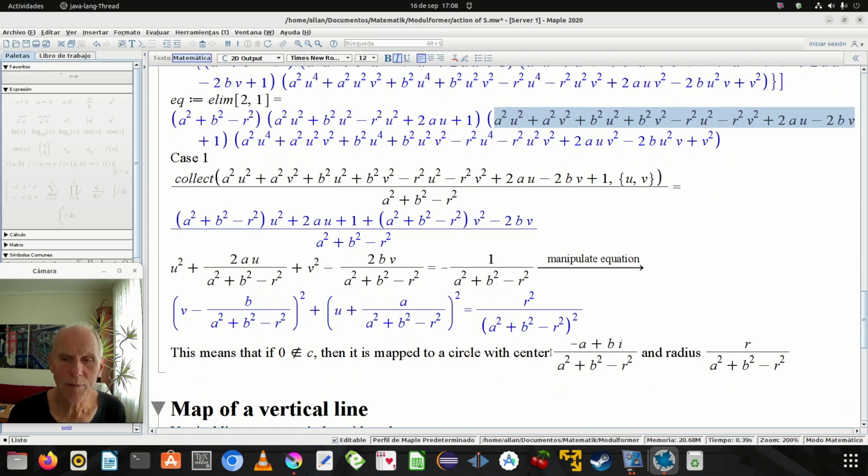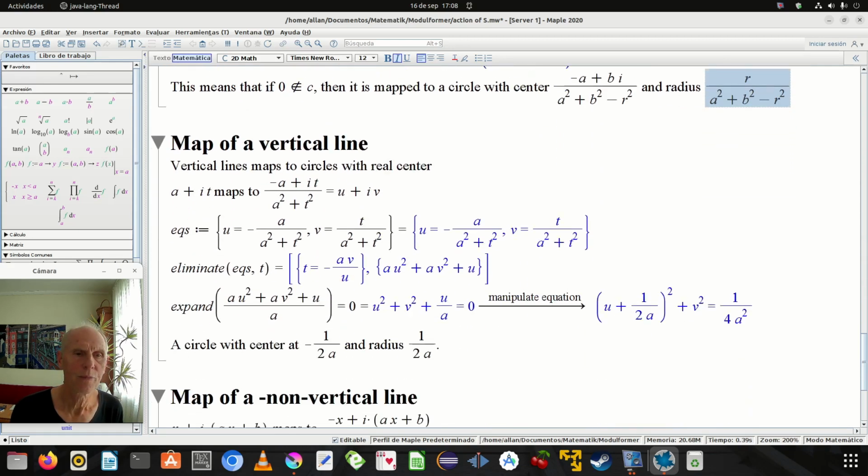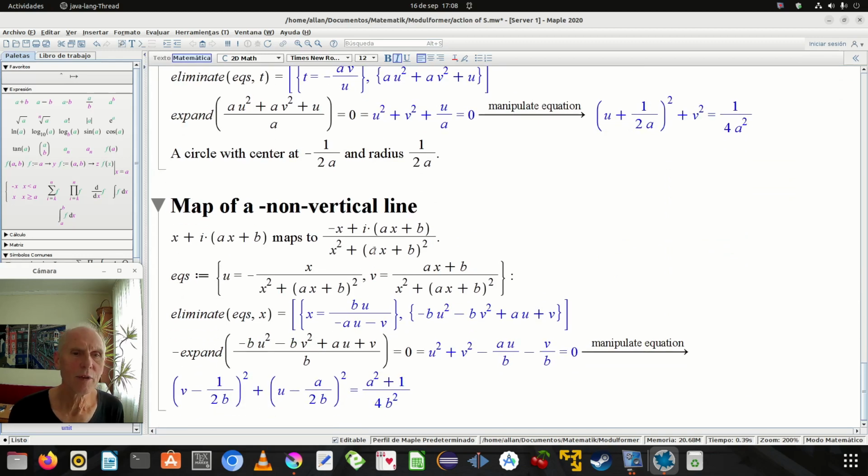So a circle with arbitrary center actually gives another circle with arbitrary center, and if the radius is rational, then this is a rational radius as well. And finally, the map of a non-vertical line was quite easy.